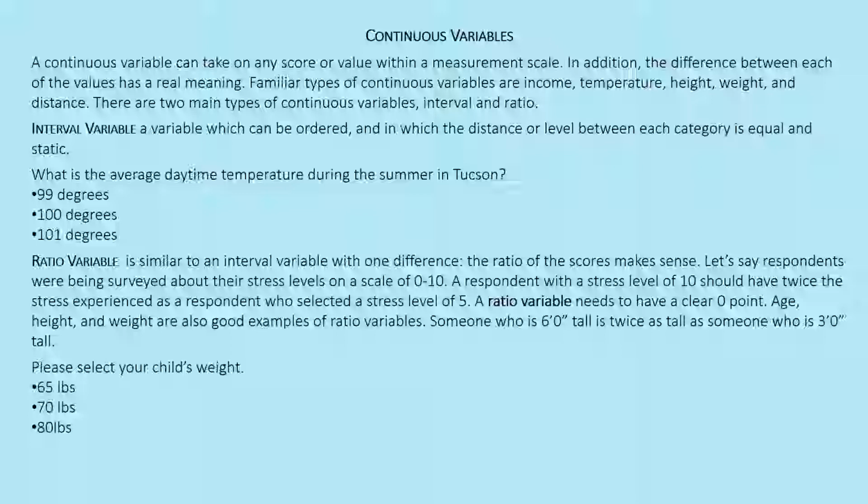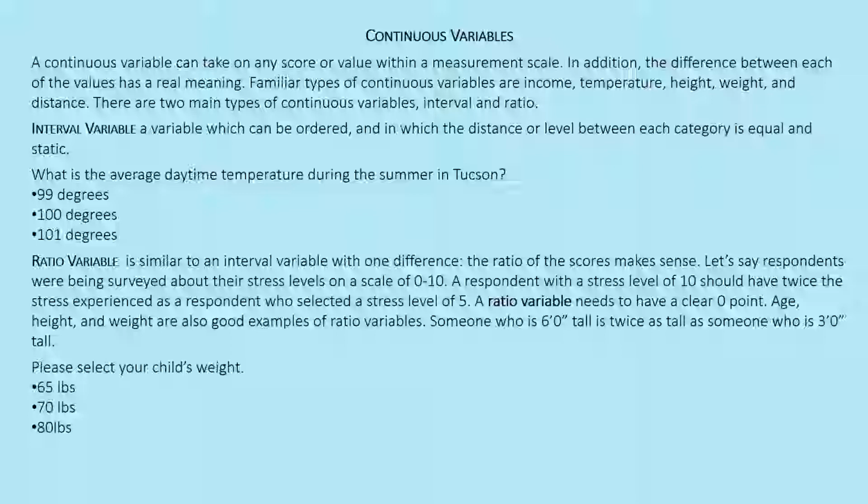There are two main types of continuous variables, interval and ratio. An interval variable can be placed in order, in which the distances and meaning between each category is equal or static. Let's take an example looking at temperature: 99 degrees, 100, 101. When we look at ratio variables, they are similar to interval variables, but they have one main difference. The ratio of the score makes sense.